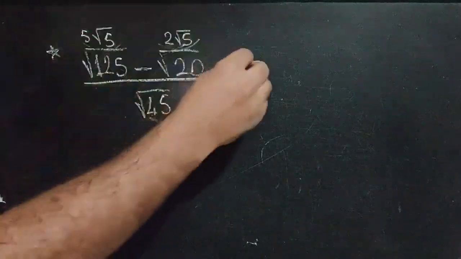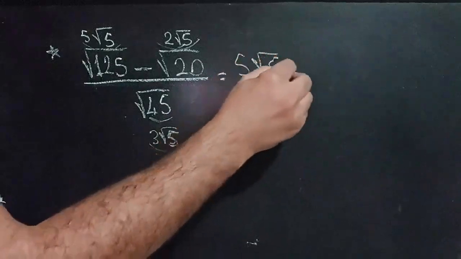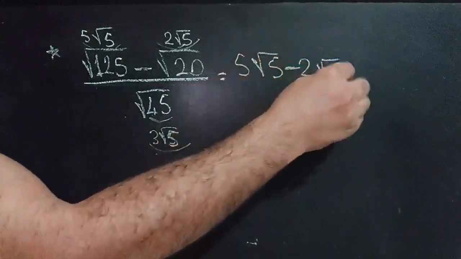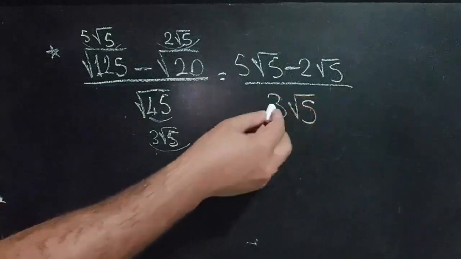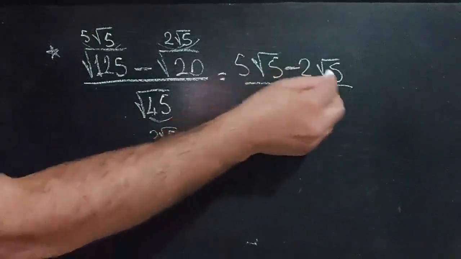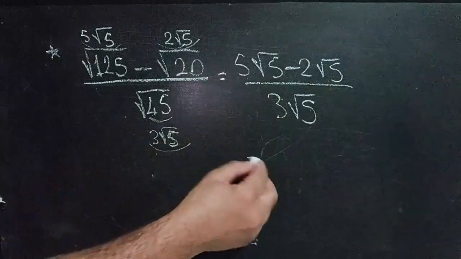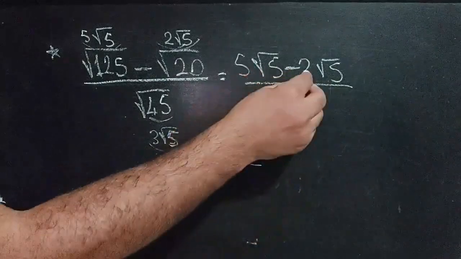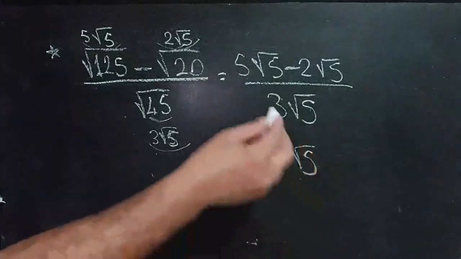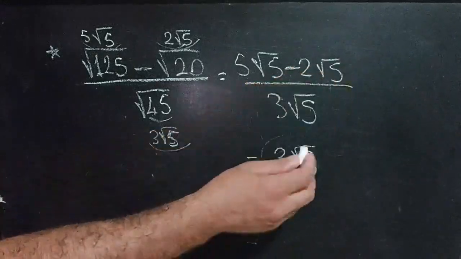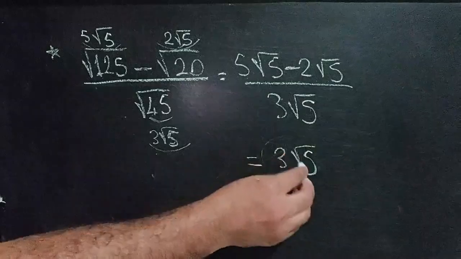So now that will be 5 square root 5 minus 2 square root 5 over 3 square root 5. I will do this operation, which is going to be 5 minus 2, 3 square root 5, which stays inside. Please do not add or subtract square roots to each other.